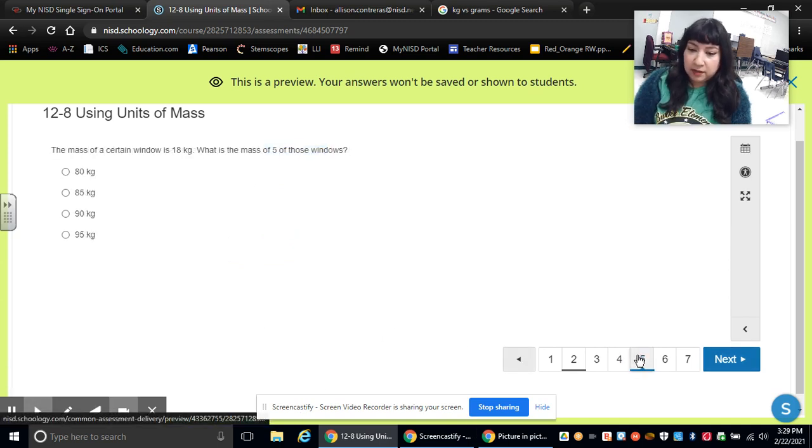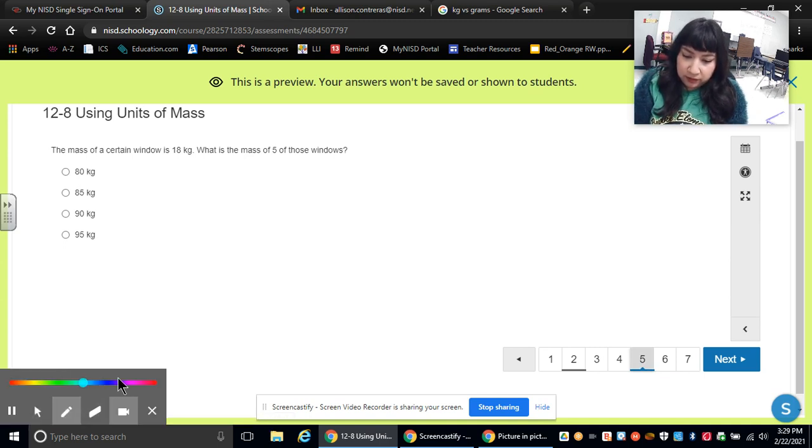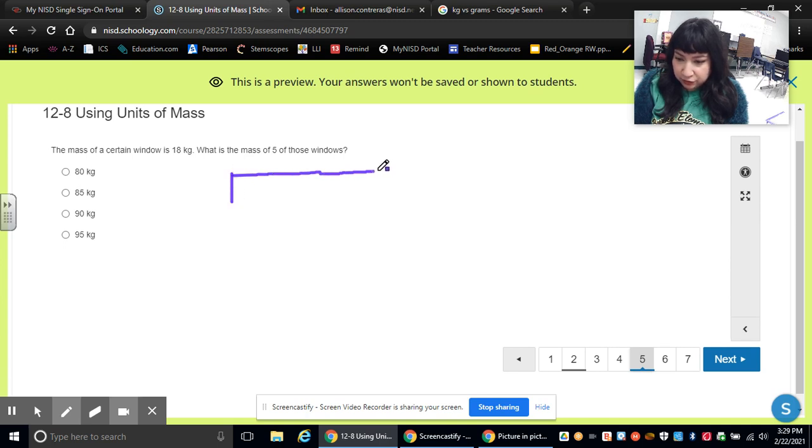Number 5 says the mass of a certain window is 18 kilograms. What is the mass of 5 of those windows? With this one, I picture a strip diagram. So one window is 18 kilograms, but we want to know the mass of 5 of those.